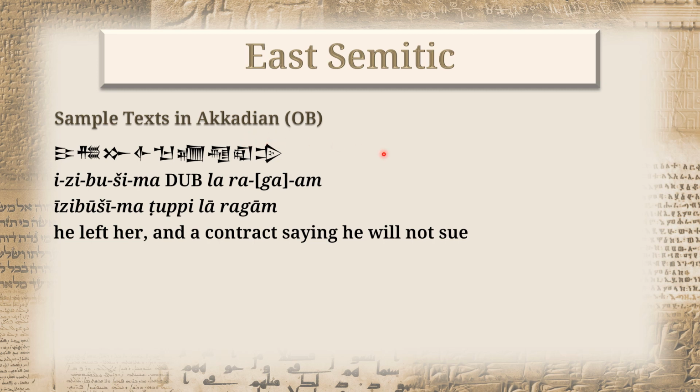But we know, because this exact same phrase occurs again and again in legal texts, we know this must be tupi la ragam. So the writer obviously just forgot the ga sign, and I've added it using these square brackets to indicate that I've added a sign here that is missing in the original text. So tupi la ragam, a contract saying he will not sue.